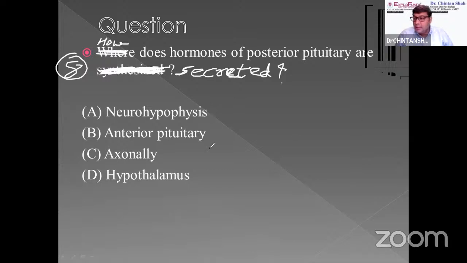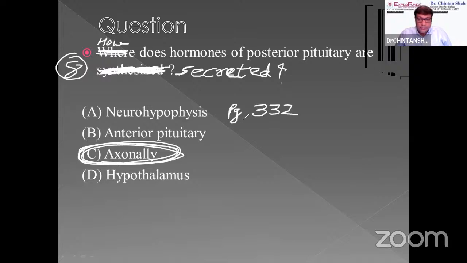Heath is saying it will be axonally. Perfectly fine. Please refer to page number 332, first paragraph, last line. It gives me a very good feeling that most of the students understand that D is the place from where it is synthesized.